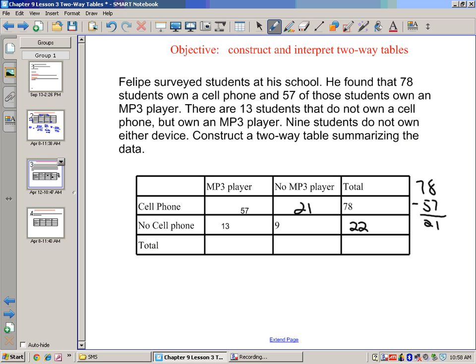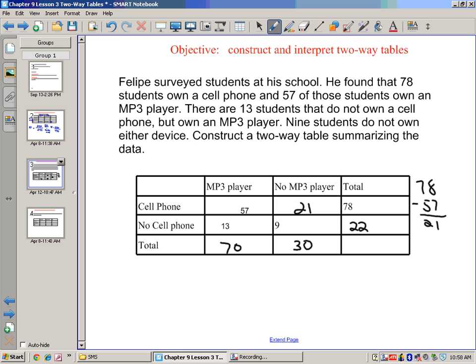Now we're just filling in totals right down the bottom. So you would just add MP3 player, 57 plus 13 is going to give you 70. No MP3 player, 21 plus 9 gives you 30. And here's where you can see if you made a mistake or not.